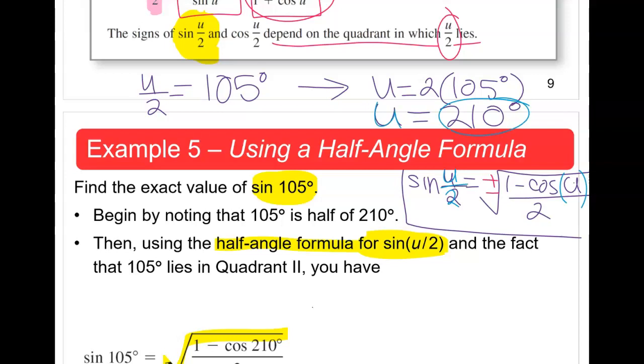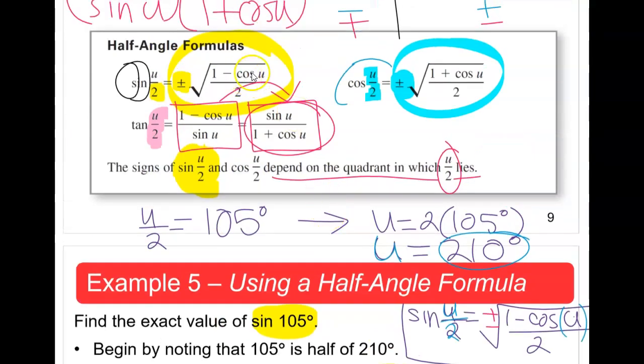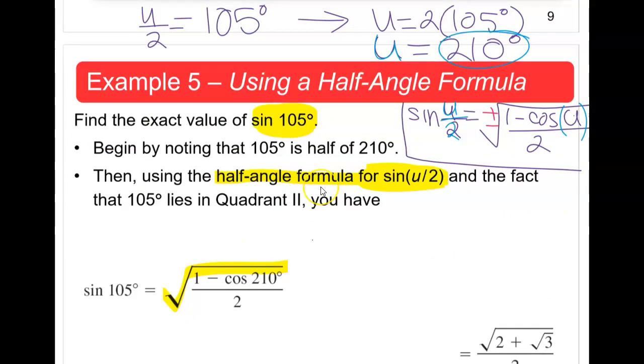And so u, and you could confirm by looking at the formula here, it says 1 minus cosine u. So if we come here, we're gonna see the substitution already there. Now, why are we using 210? Well, because 210 has a reference angle, which is in standard position.